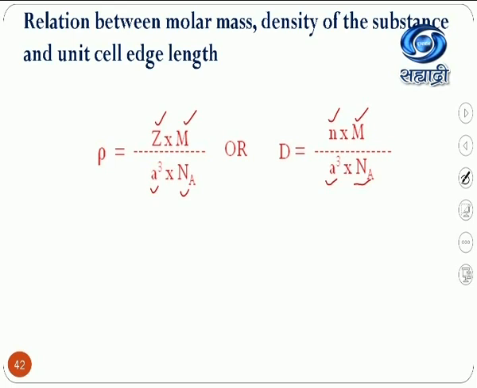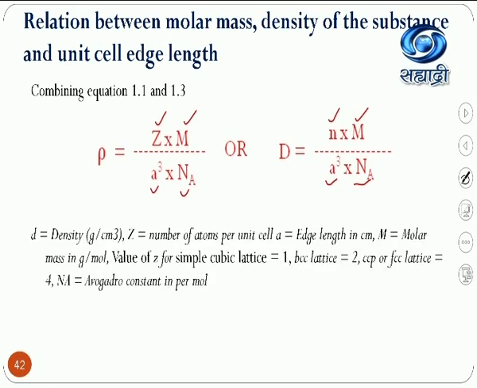So both formulas are the same. Density can be specified as rho as well as capital D. The remaining formulas are the same: Z into M upon a cube into Na, or you can write D is equal to n into capital M upon a cube into Avogadro's number Na. Here D is density, Z is the number of atoms or atomicity, a is the edge length in centimeter always, capital M is the molar mass in grams per mole.